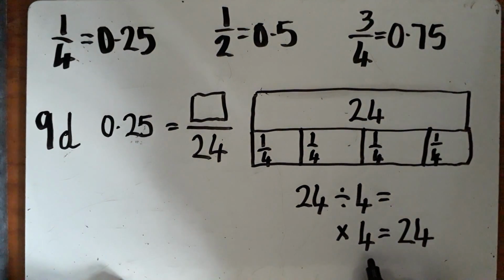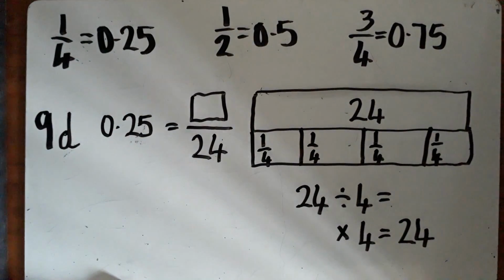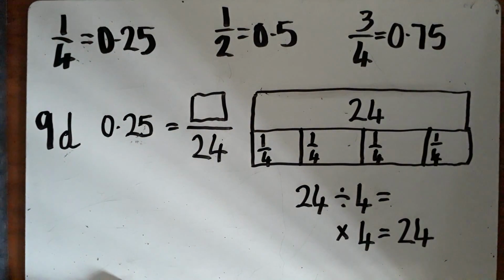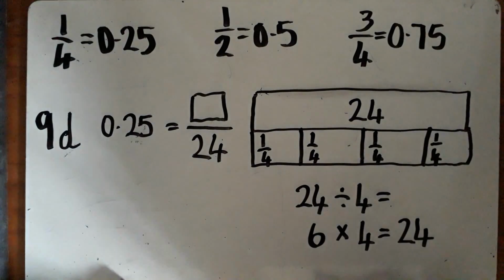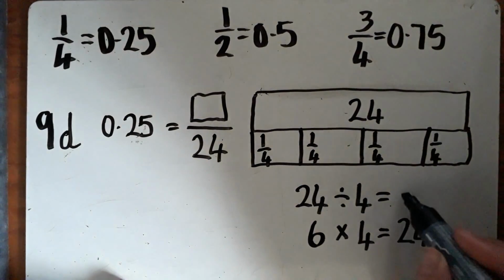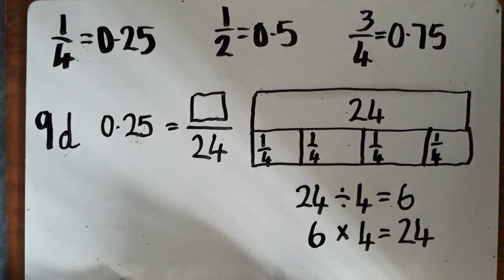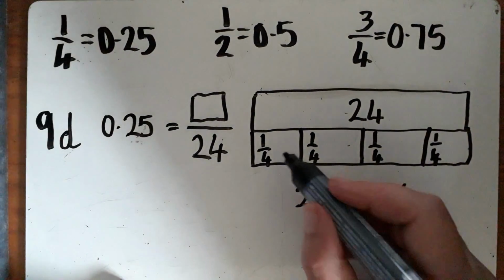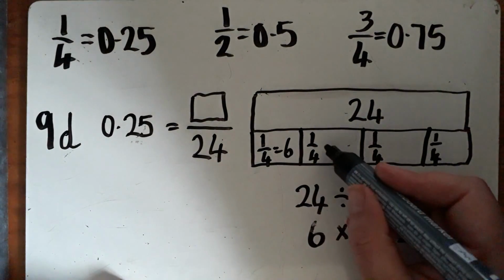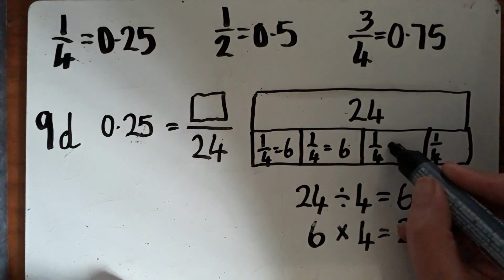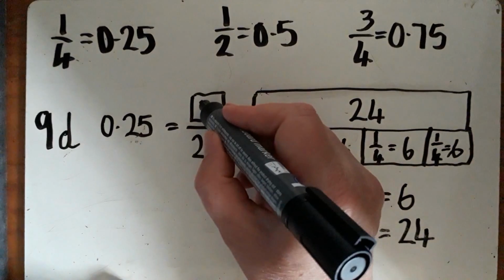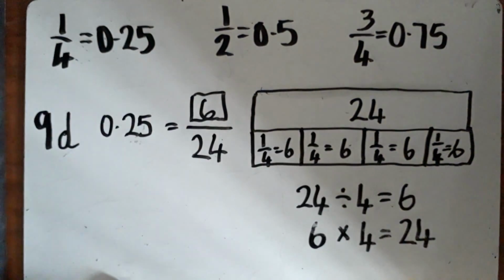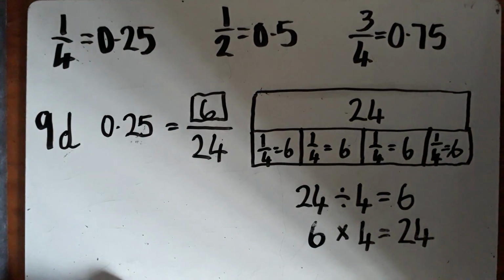And then we can go up in our groups of 4: 4, 8, 12, 16, 20, 24. So 6 times 4 is 24, and 24 divided by 4 is 6. So each quarter is worth 6, and so this is 6 over 24.